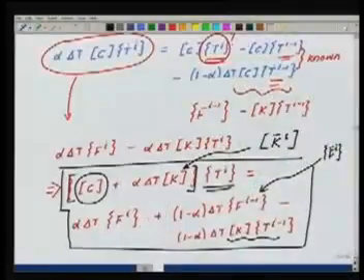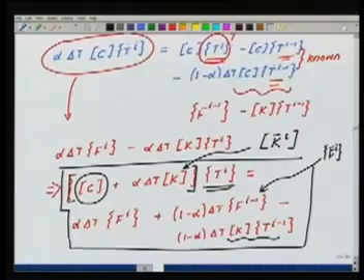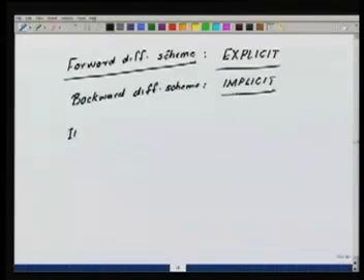Now we didn't say how we are going to start. Till now we have talked about getting the solution at station I when the solution at I minus 1 is known. So we have to obtain the solution at time station 0, which is the initial conditions. So the initial conditions have to be specified.